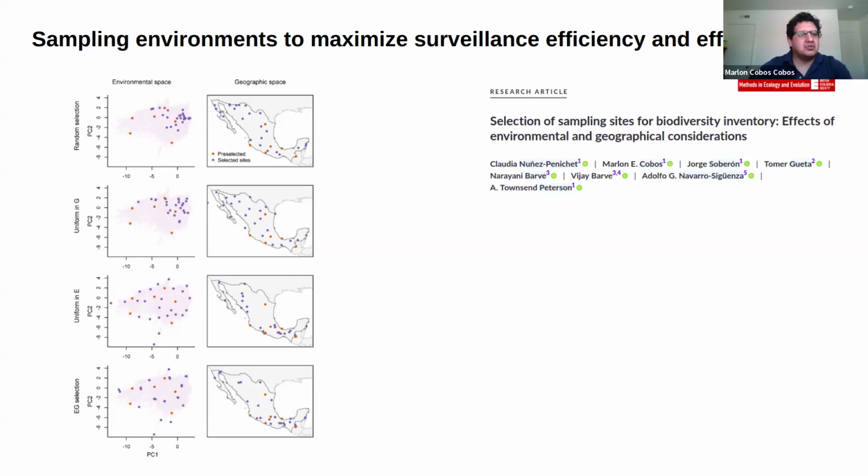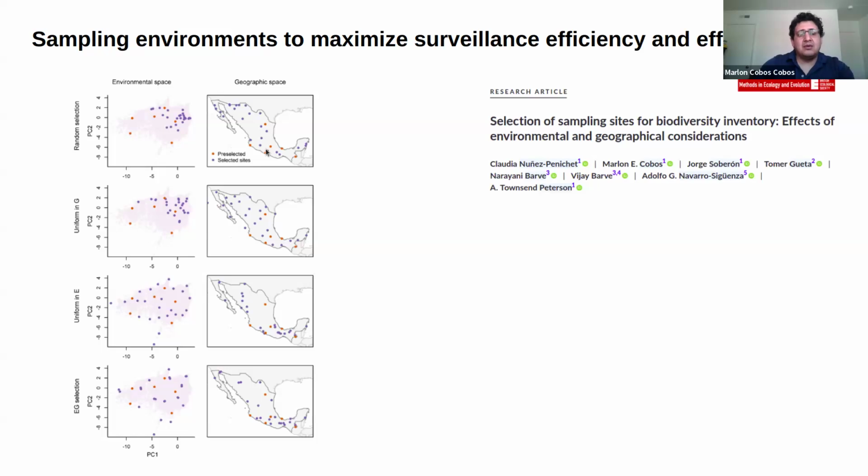The idea was to compare multiple ways to select sites for sampling: if you do it randomly over a geographic region, if you spread it over the geography, if you spread it over the environment, or if you consider both environments and geography, and what the implication of that is.